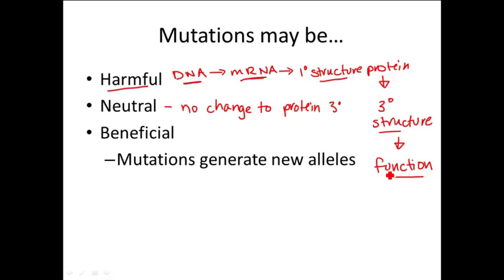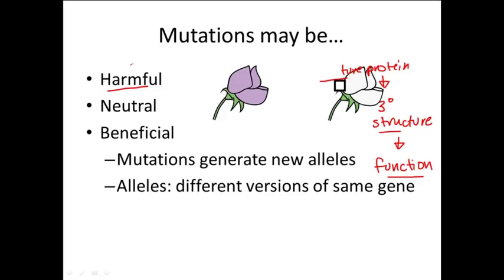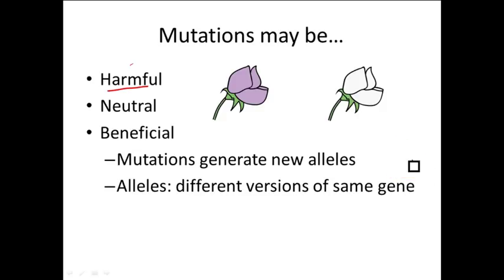Okay, so mutations generate new alleles, and alleles, oops, forgot about that. Let me erase this to get it out of the way. Okay, so alleles are different versions of the same gene.